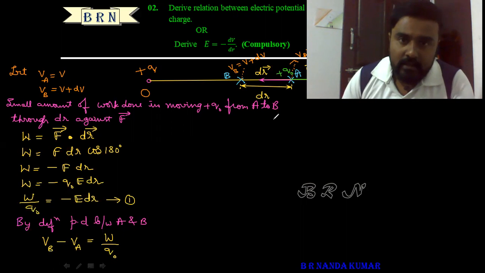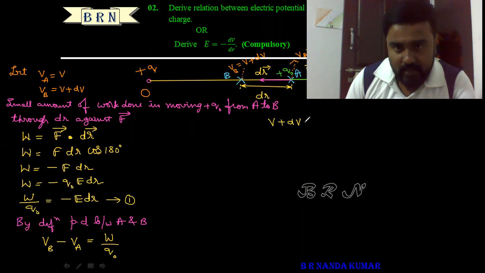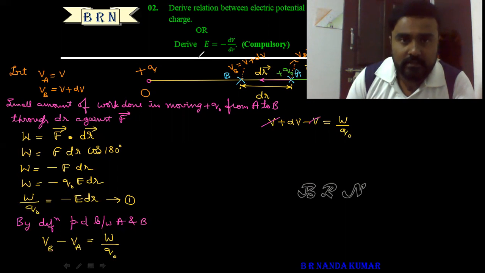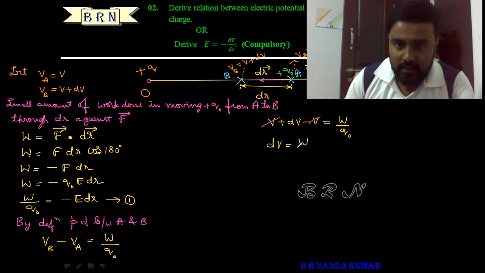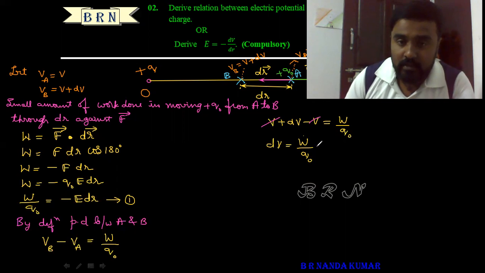VB, as already mentioned, is V plus dV, and VA is V, so V plus dV minus V is equal to W by Q naught. So here V gets cancelled. So dV is equal to W by Q naught. Call this equation number 2.